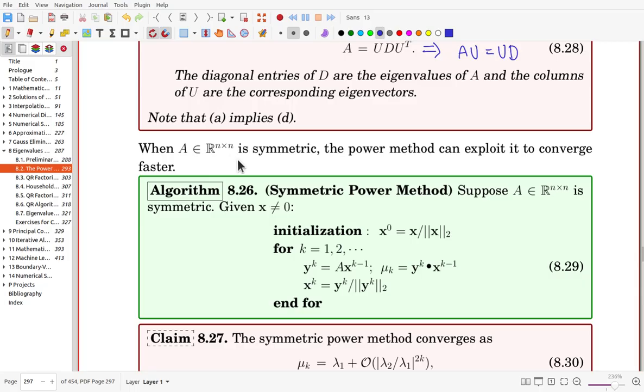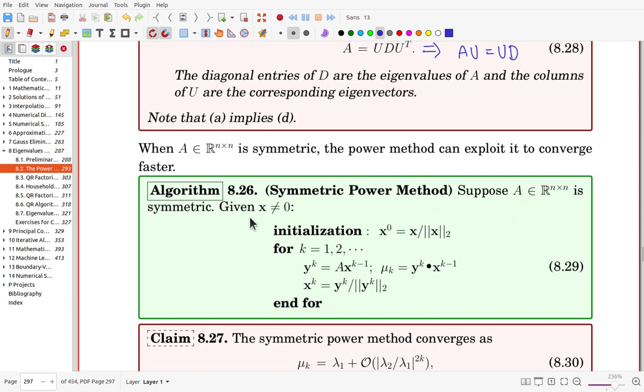Once the given matrix is symmetric, the power method can be formulated along with the L2 norm rather than the L infinity norm to get faster convergence. Here we have a pseudocode for the symmetric power method.